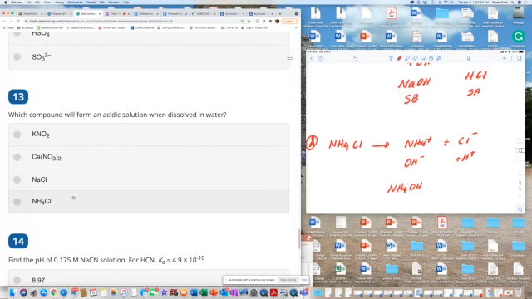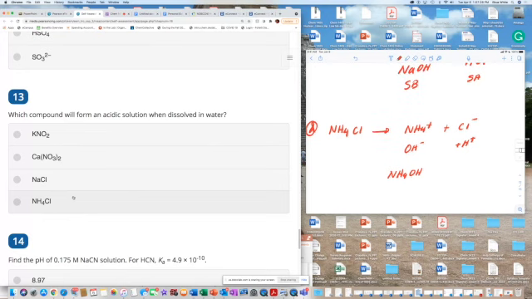This is not a metal hydroxide, right? It's a non-metal hydroxide. So this was mentioned at some point in the slides that ammonia bases are weak bases, okay?